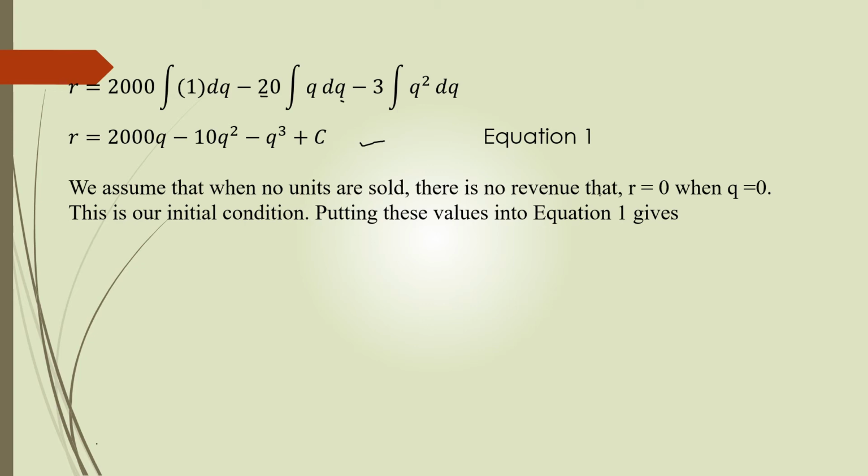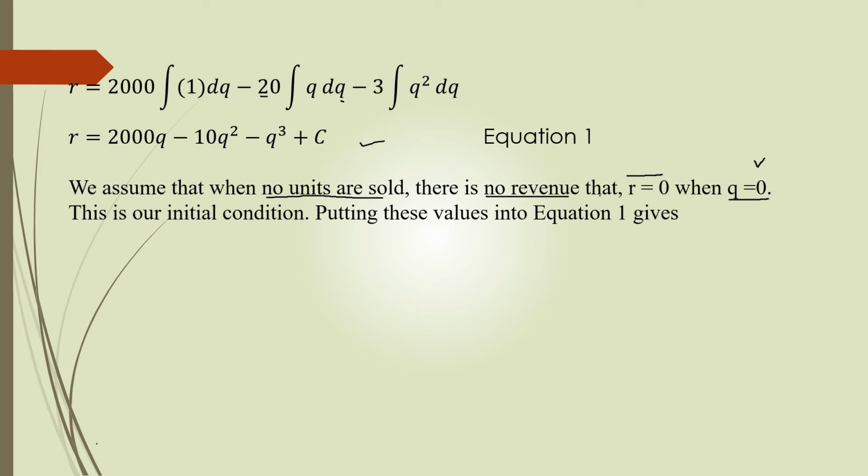We suppose that when no units are sold, q means the number of units, so definitely when no units are sold, there will be no sale, there will be no revenue. It means that when 0 units are sold, then the revenue will also be 0. Okay, dear student, so R is equal to 0 when q is equal to 0, means that when no unit is sold, then the total revenue, total sale will also become 0.